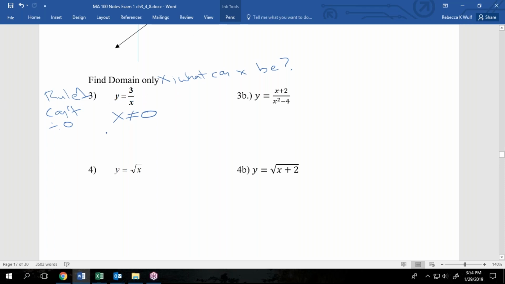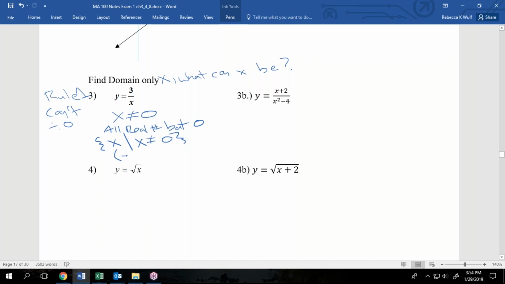Well, basically, we're allowed to plug in all real numbers except 0. Now, there's a couple ways we can write that. One is set notation. We would put set x, straight line, which we read as such that, and then we would just make a list of things that x can't equal.